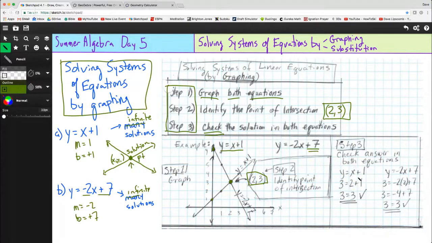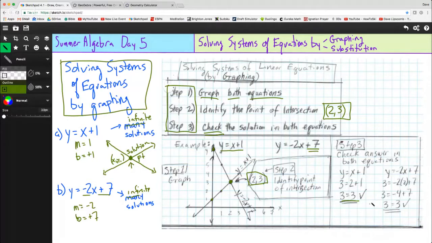After we check our first equation, we see that 3 equals 3, so that's true, and that works. In our second equation, if we plug in a 2 for x and a 3 for y and solve each expression, we see that we get 3 equals 3 as well.